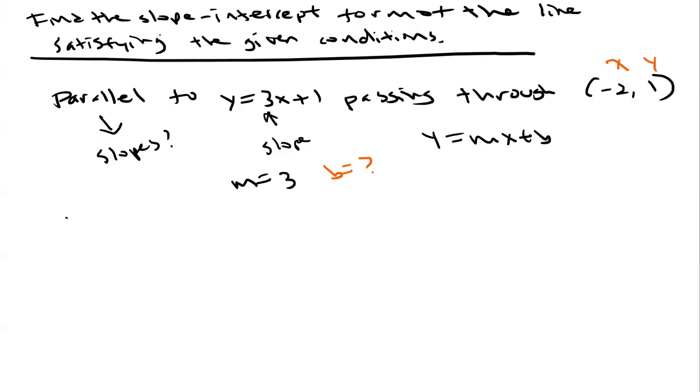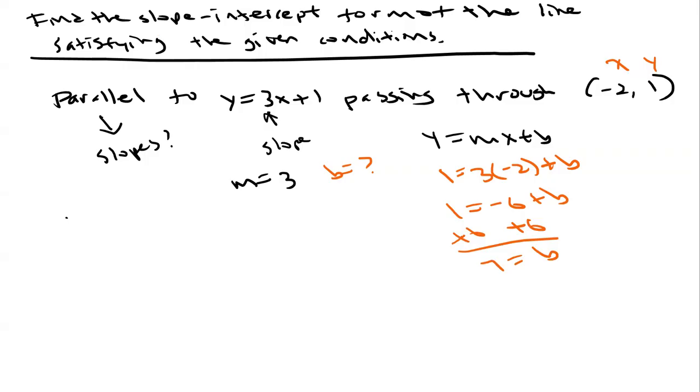We have all the information that we need to find b. We said that y is equal to 1, m is equal to 3, x is equal to -2, and then plus b. Our goal here is to solve for b. So I'll have 1 is equal to -6 plus b. Add 6 to both sides, which gives us 7 equals b.